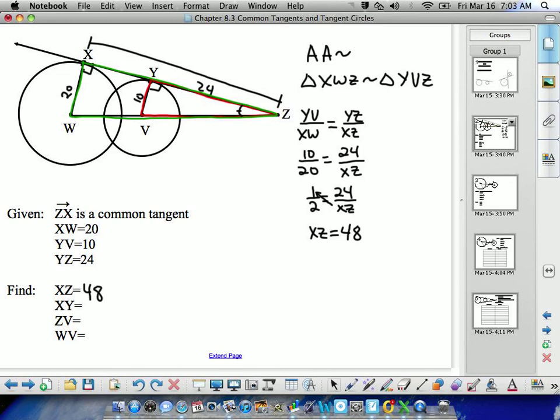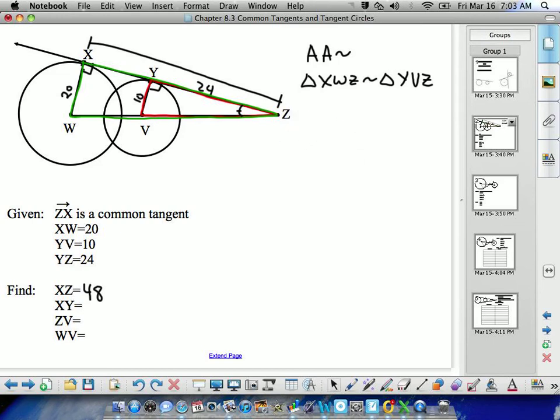Now let's solve for XY. I'm going to use the same two sides to set up my proportion. And actually, I don't need to use the same two sides because we actually set up a scale factor. We know the scale factor from the small triangle to the big triangle is 1/2.